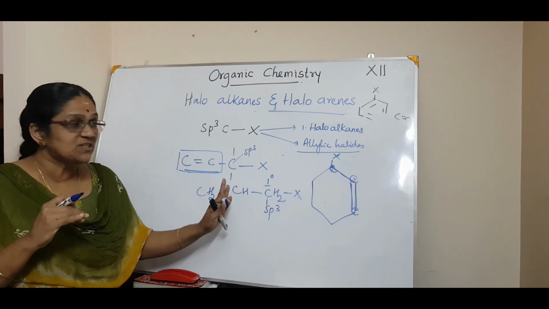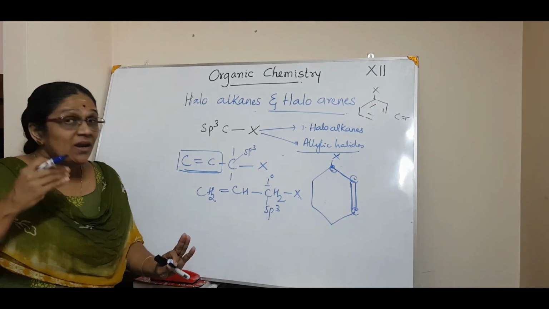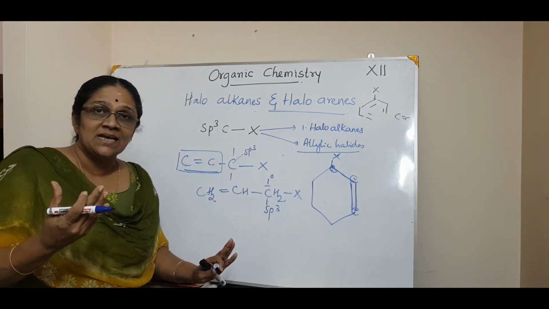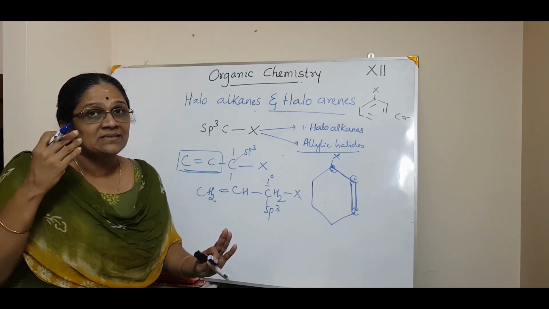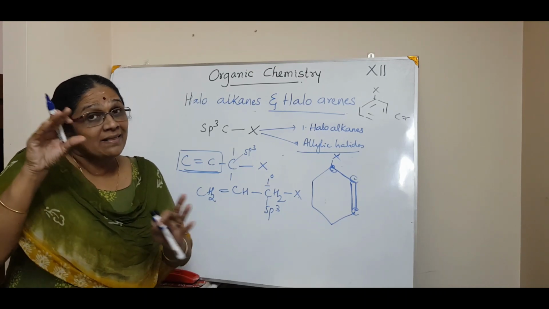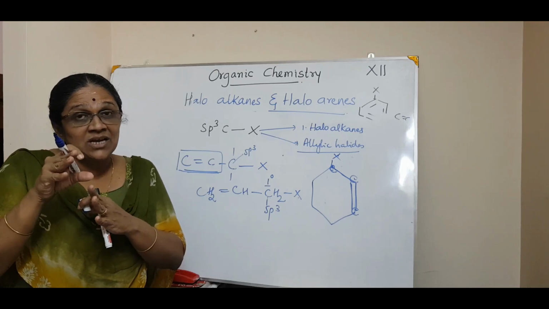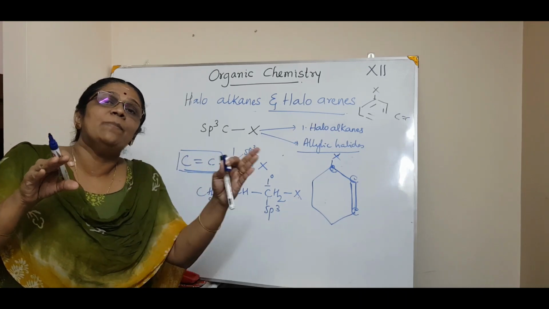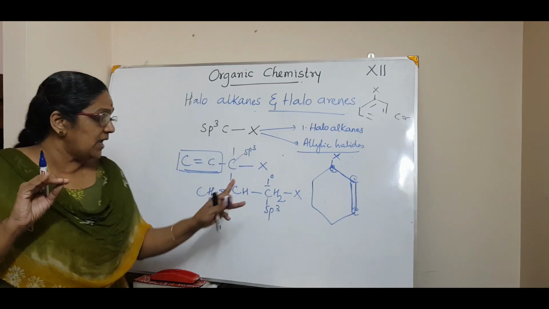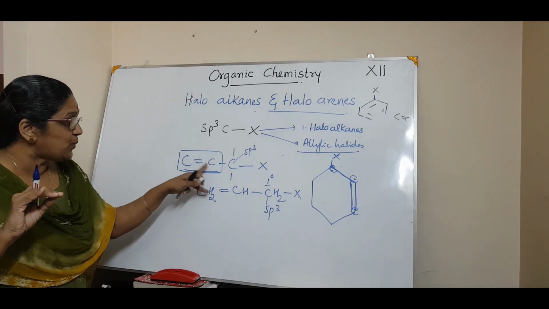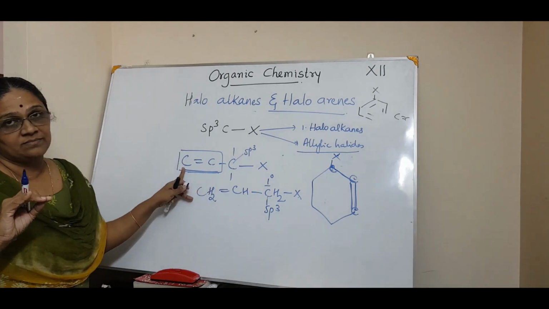In haloalkanes and haloarenes, you will come across these allylic halides. So whenever you talk about allylic halides, just keep in mind that the carbon atom where the halogen atom is attached is again attached to a carbon-carbon double bond.